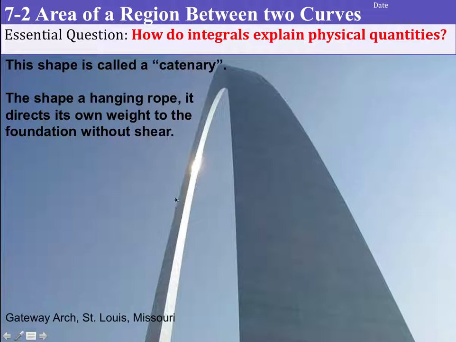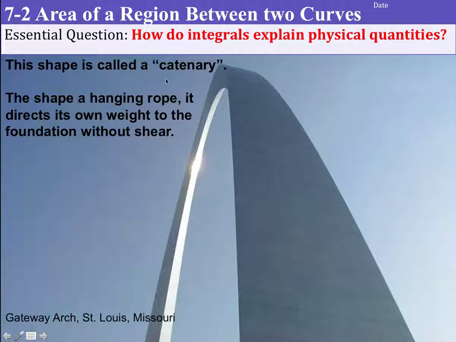In other words, shear would be a horizontal force in this structure, which would cause it to peen out at the bottom, or flatten out. In this type of structure, all the horizontal forces don't exist. Everything is directed vertically down to the foundation, so it's a very stable structure.